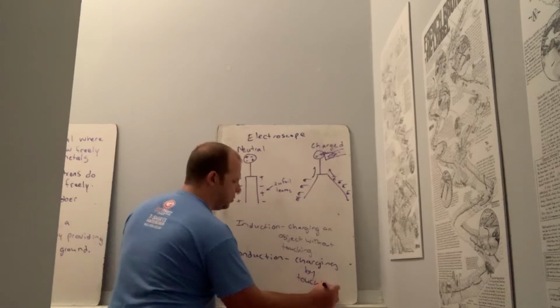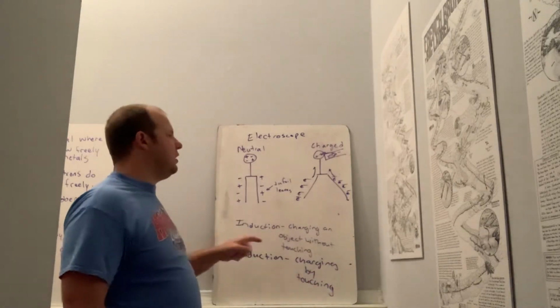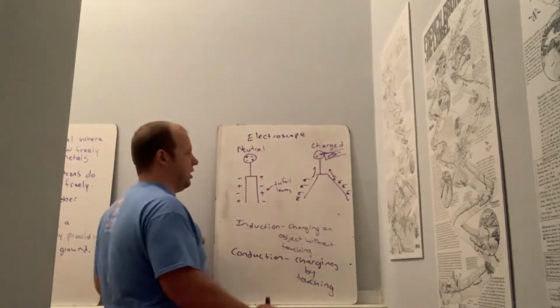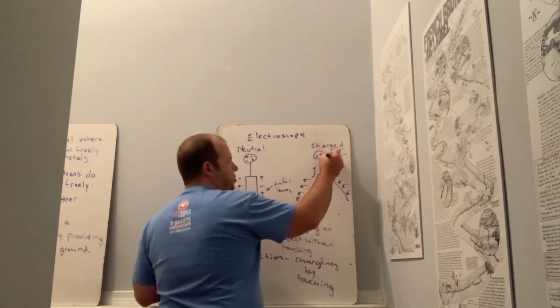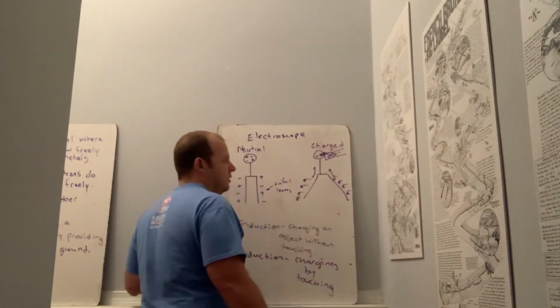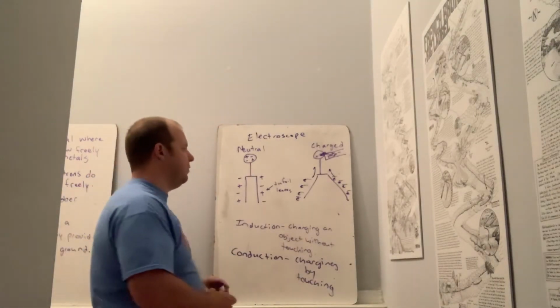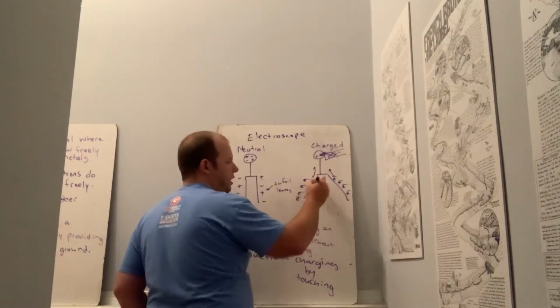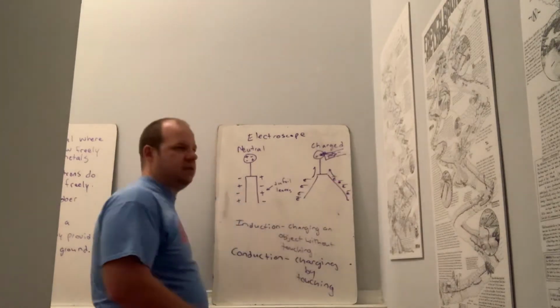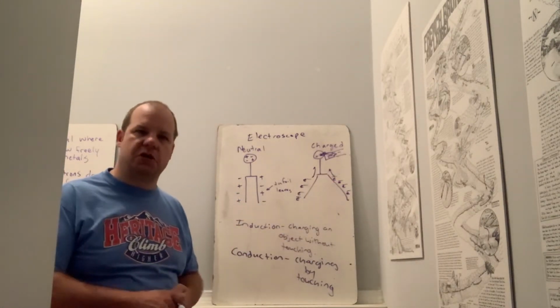It's probably the simplest way of phrasing that definition. And it is charging this object by touching it. And these electrons would jump into this electroscope and they would run down the leaves and they would also do the same effect. It would charge it and the leaves would separate. And you can see that there's a charge there.